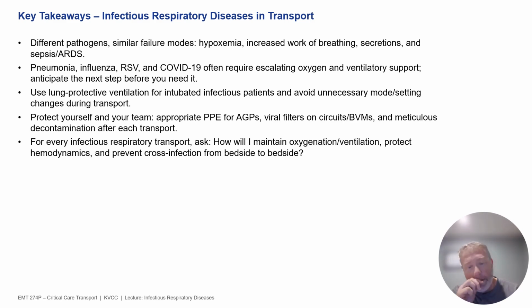Your management should be driven by the actual physiology, not the organism. Lung protective ventilation applies to every intubated infectious respiratory patient. The oxygen escalation ladder, so low flow to high flow to NIV to a vent, that's the same regardless of whether the pathogen is RSV, influenza, gram-negative pneumonia, whatever.